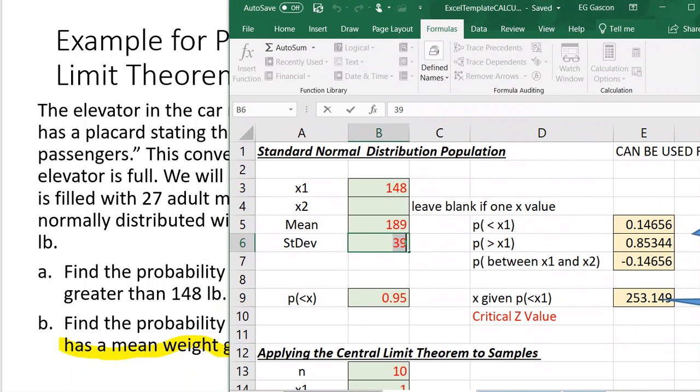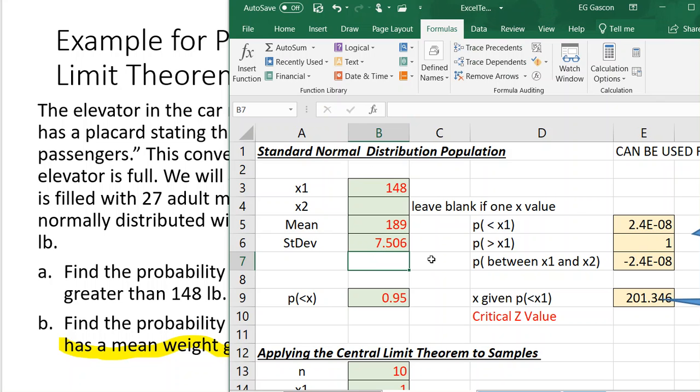And so it's divided by the square root of 27. So instead of 39 here, I am going to use 7.506. When you do that calculation, 39 divided by the square root of 27, now I get almost 100% probability that this elevator is going to be overweight.